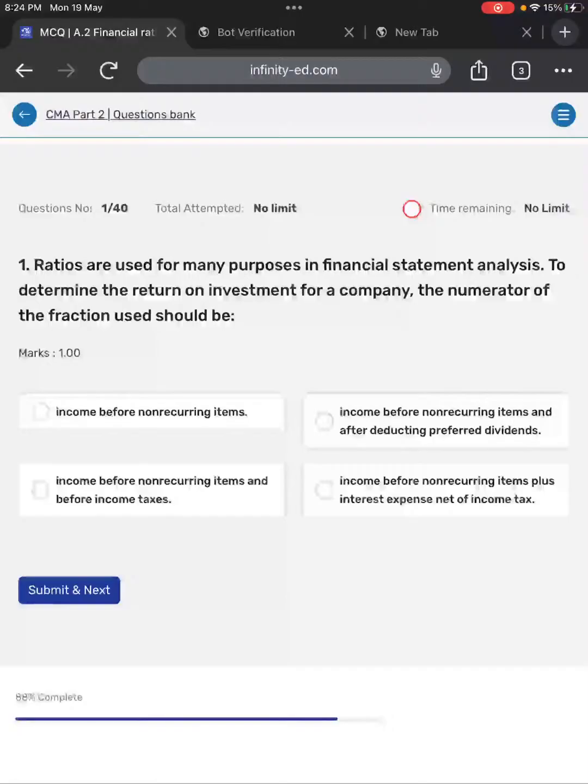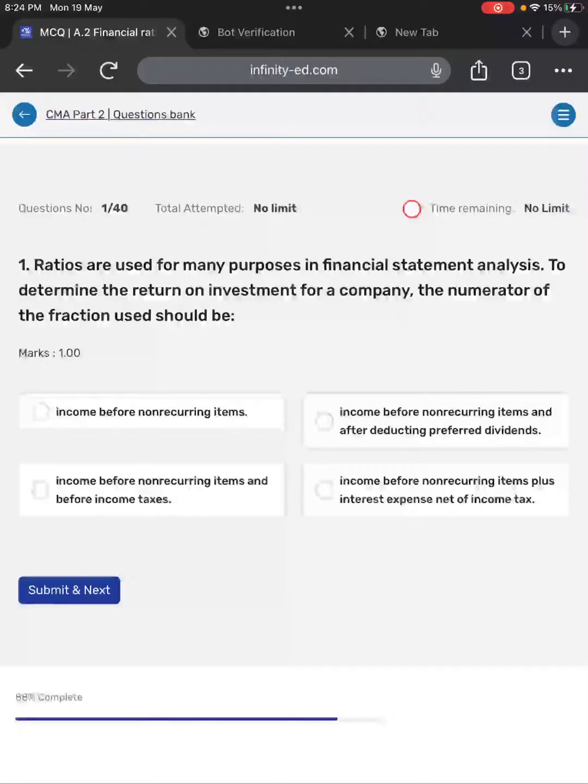Ratios are used for many purposes in financial statements to determine the return on investment for a company. The numerator of the function used should be income.